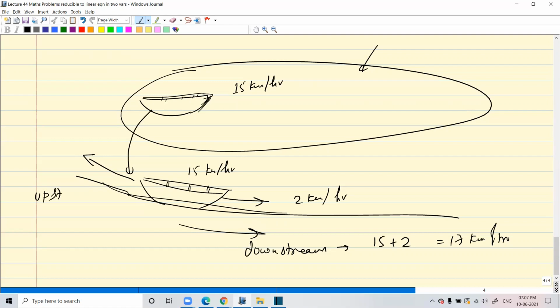If you go upstream, your speed was 15, but the water is going backwards, so it will reduce your speed. So the speed will be 15 minus 2, that is 13 kilometers per hour. Okay, so this logic you need to remember. While going upstream, you need to subtract the speed of the stream, and while going downstream, you need to add the speed of the stream.